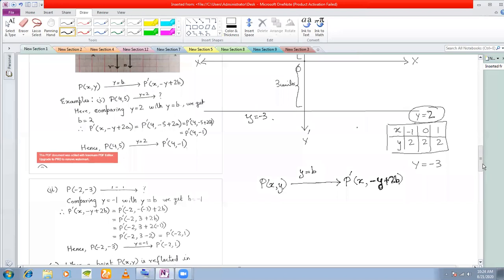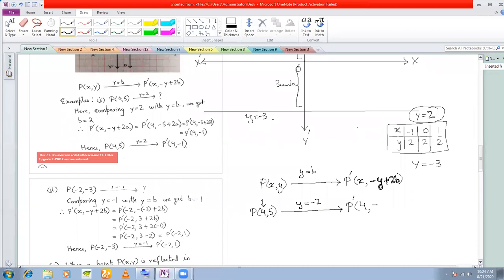Suppose I want to reflect the point P (4, 5), as I have done here, in the straight line y is equal to minus 2. So how do I find the coordinates of the image P dash? The x coordinate will remain the same, 4. And what about the y coordinate?